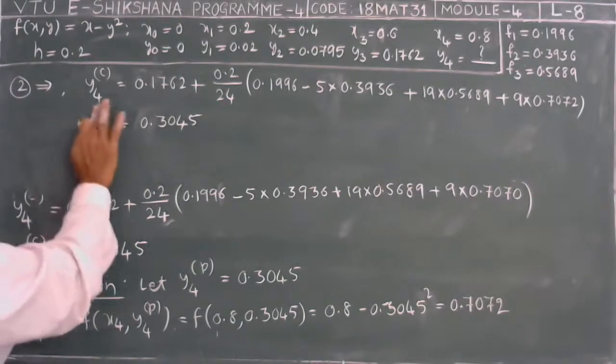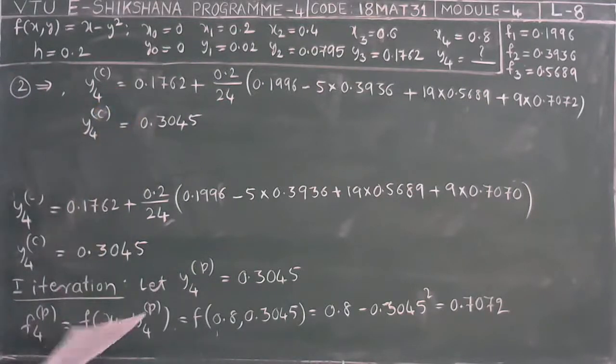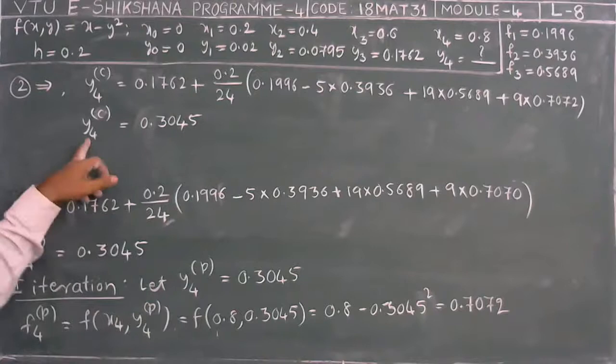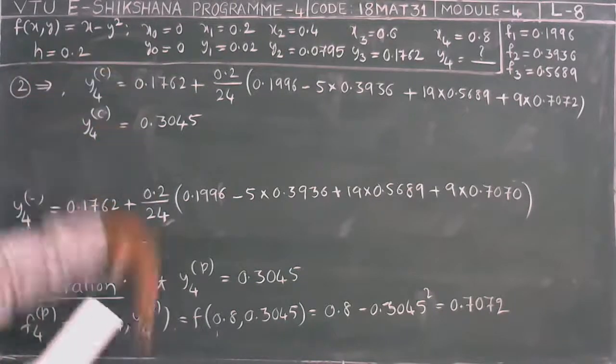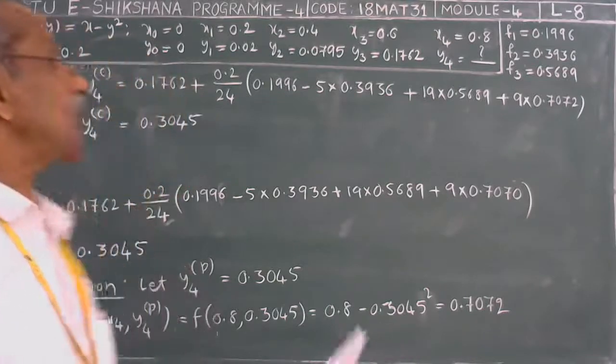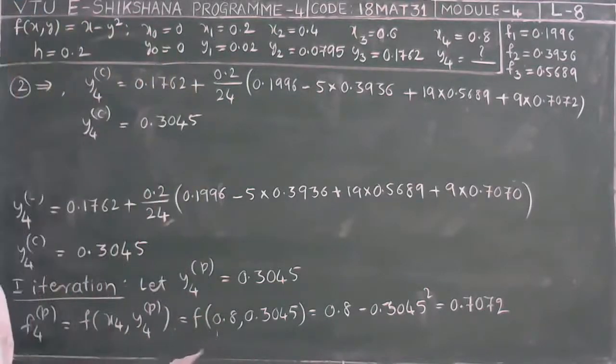The corrected value of the first iteration is 0.3045. The first iterated value and y4c coincide up to 4 decimal places. The value of y at x is equal to 0.8 is 0.3045.